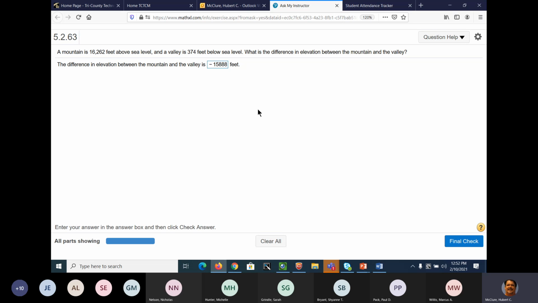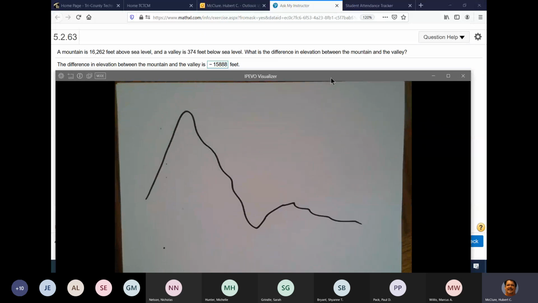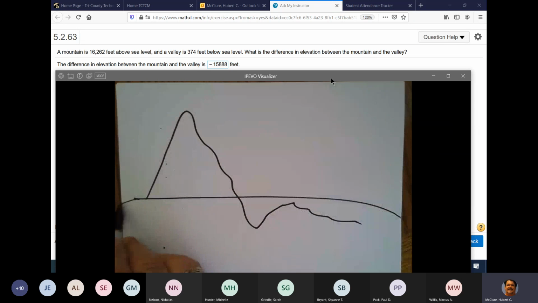All right, so a mountain is 16,262 feet above sea level. Okay, so I'm going to draw a mountain, and it is 16,262 above sea level. So there's sea level. We'll do sea level in blue because I want to make sure y'all understand what's going on.